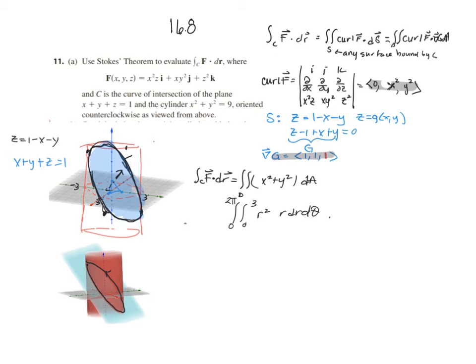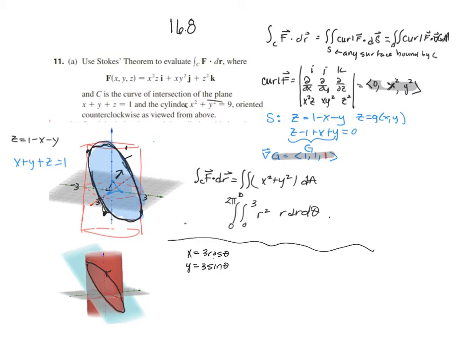All right, you might try, just for practice, to see if you could do this one directly. If you were going to do this one directly, you'd have to parameterize that curve. And so to parameterize that curve, x squared plus y squared is 9. That would take care of what x and y are doing going around that circle, that cylinder.